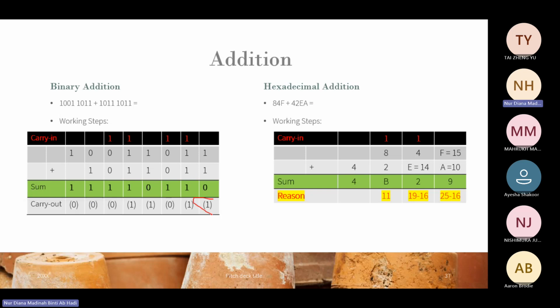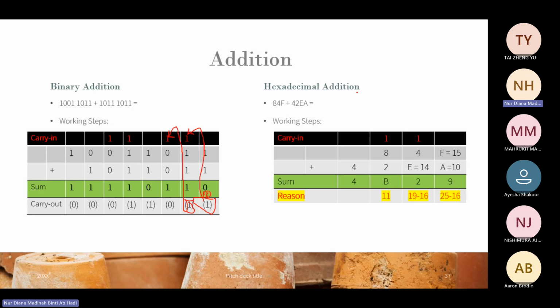So this would be your carry out, where 1 plus 1 is supposed to be 1, 0, right? So this one you will bring down as a carry out, and then this one you will bring to the next column as a carry in. So you still bring the carry outs to the front column as your carry in, and you will keep on doing the addition until you finish all of the working steps.